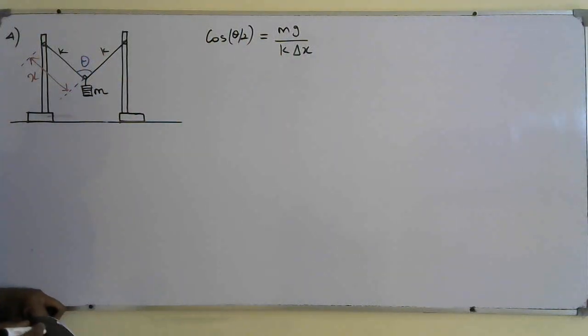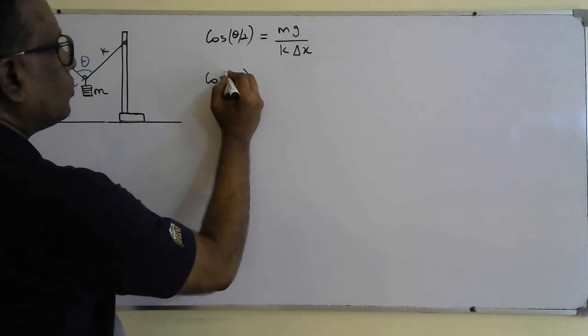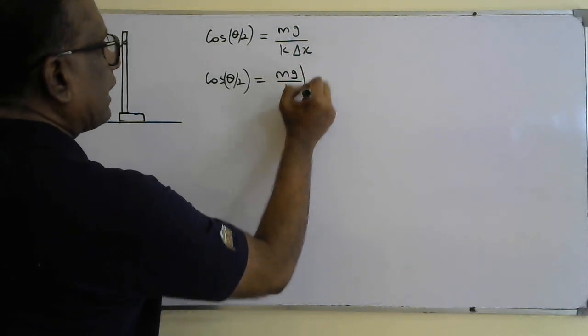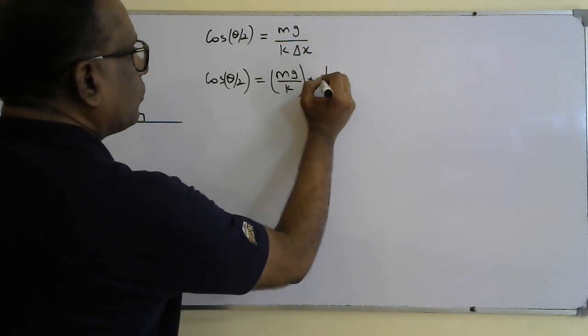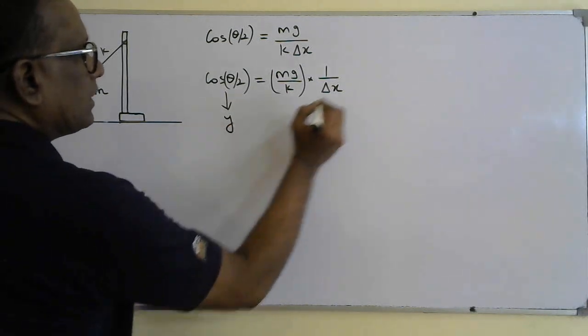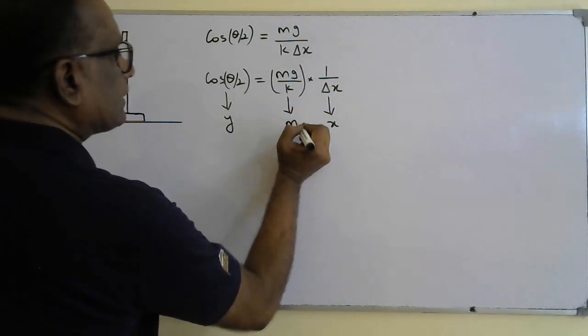So we can write cos theta by 2 is equal to mg over k times 1 over delta x. This is the y-axis, this is on the x-axis, and this is going to be the gradient.